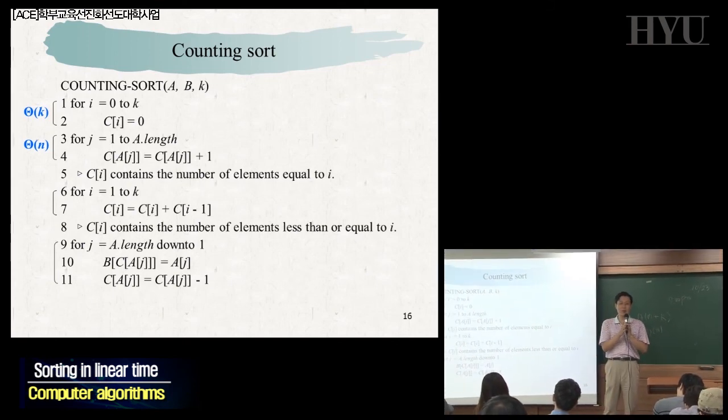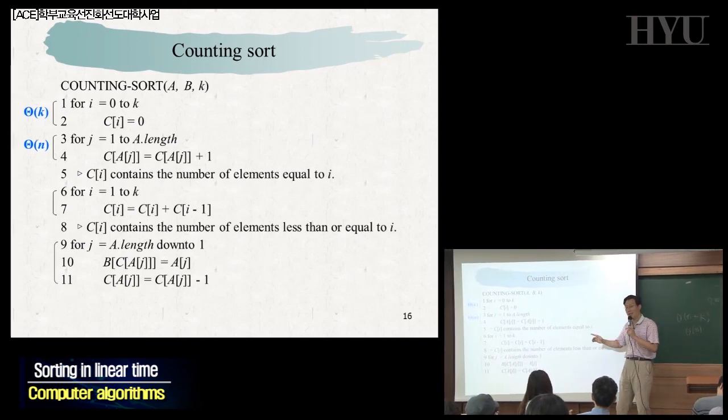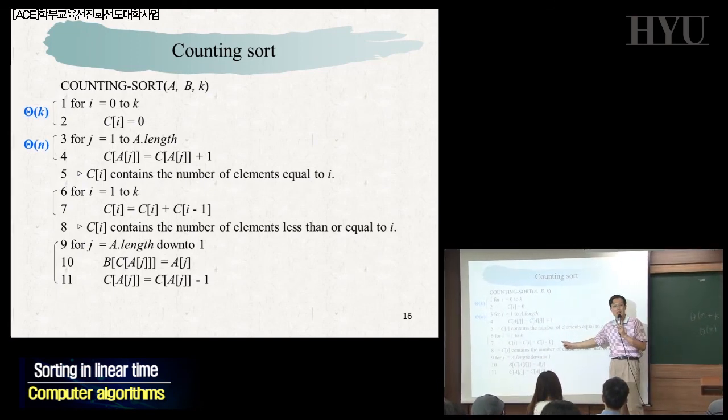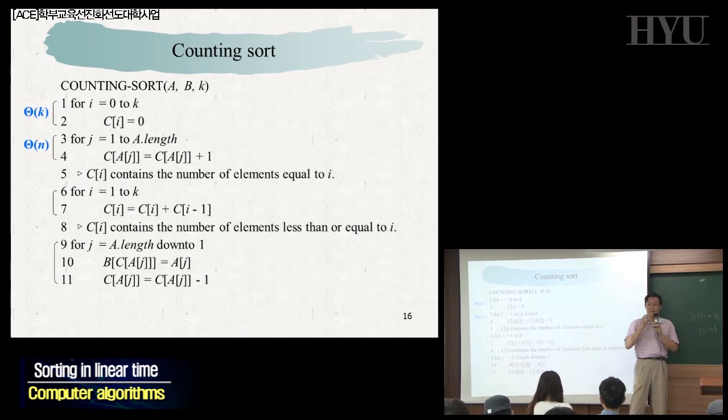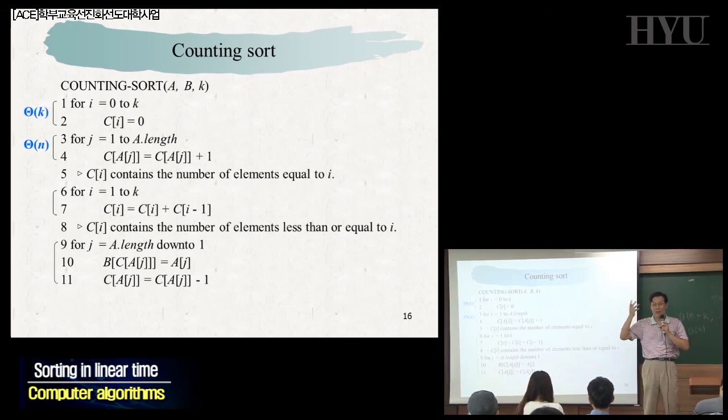So actually this is the same as the C prime array in the example. But if you see this carefully, we don't use a different C prime array. We can reuse the C array rather than using a new C prime array.